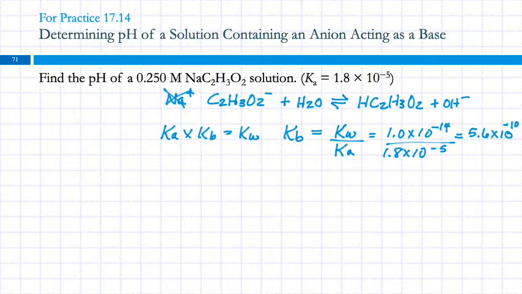The 1.0 times 10 to the minus 14 is what Kw is. Kw is an abbreviation for 1 times 10 to the minus 14. Yeah. There we go.